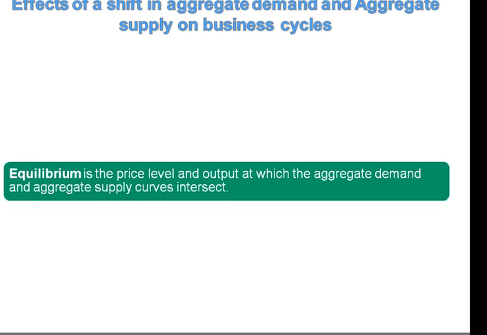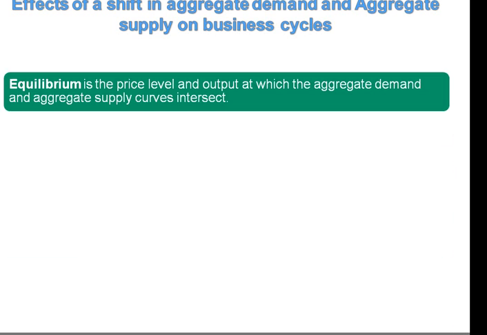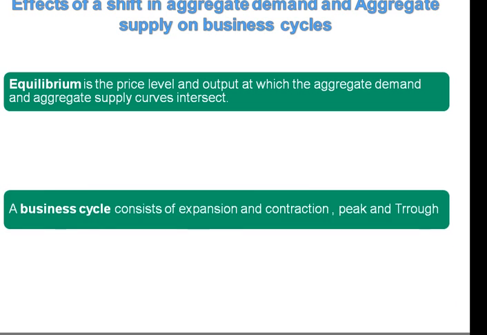Let's see what is going to affect the business cycle. Effects of shifts in aggregate demand and aggregate supply on business cycles. Equilibrium is the price level and output at which the aggregate demand and aggregate supply curves intersect. So the aggregate demand and aggregate supply curves intersect at some specific point, that is called equilibrium.